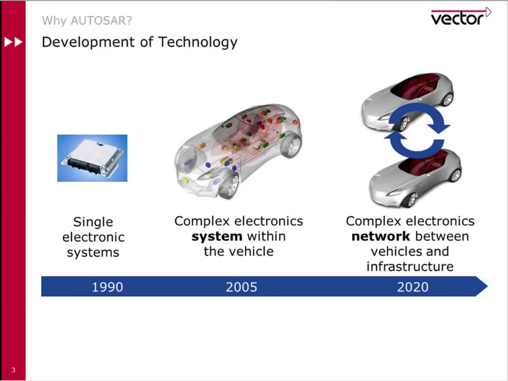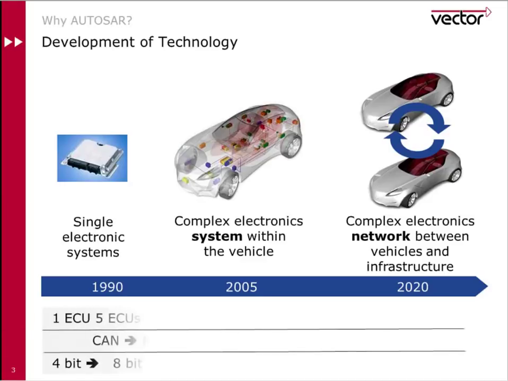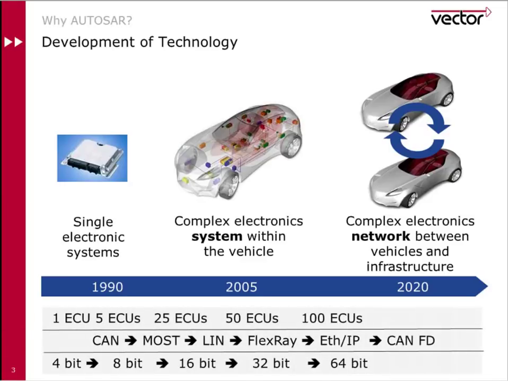When we look at the technology inside the vehicle that's put in place to support these infrastructures, we can see that nowadays a high-end vehicle will have up to or more than 100 ECUs, electronic control units, all working together harmoniously in order to deliver these vehicle functions. Bus technology has moved beyond CAN into the realms of FlexRay or Ethernet or perhaps even CAN FD in the very near future.